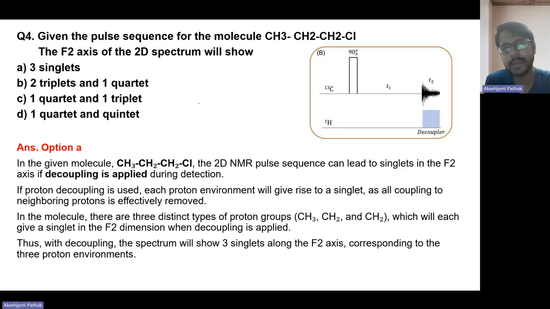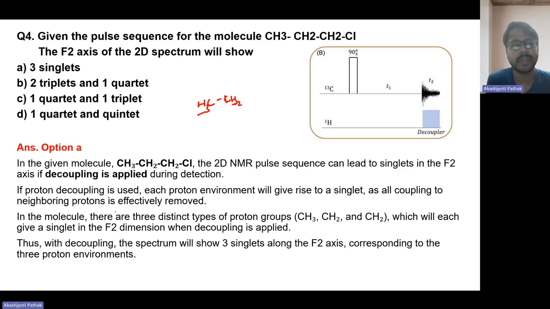So since the protons are decoupled, the CH3, CH2, these are decoupled. The effect of these neighboring protons is removed, and all these protons are in different environments. So you will get three singlets only.